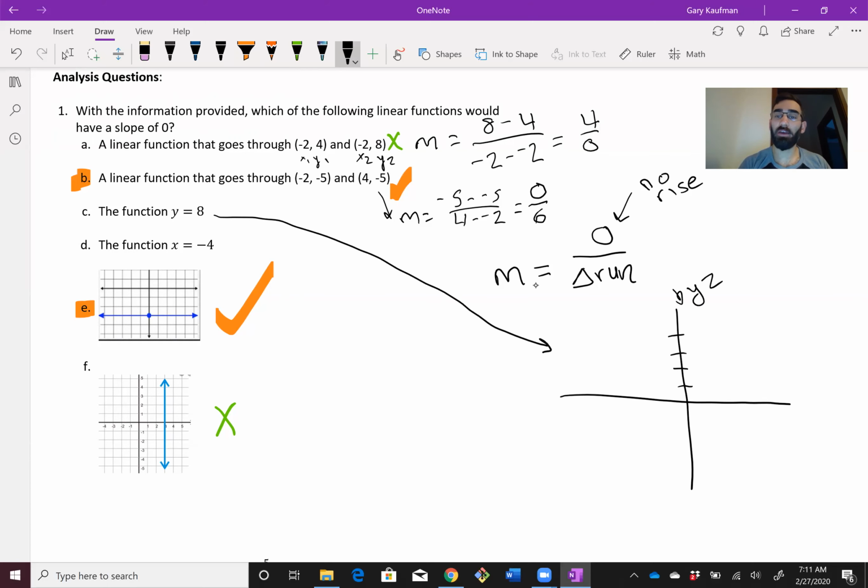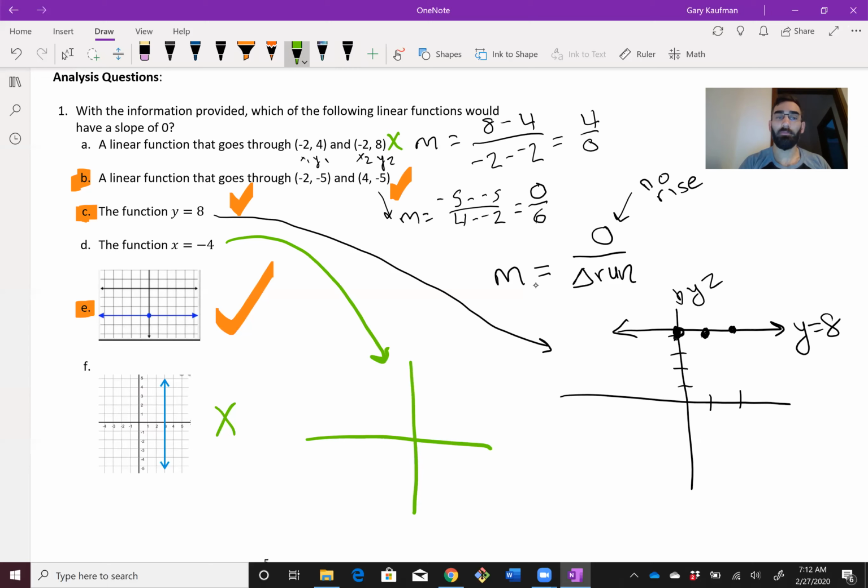So all y values are 8. So there's 0, 8. There's 1, 8. There's 2, 8. So y equals 8 is making a horizontal line, which means there's no rise.